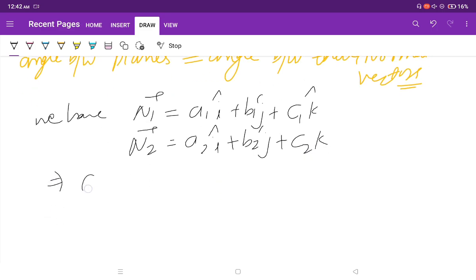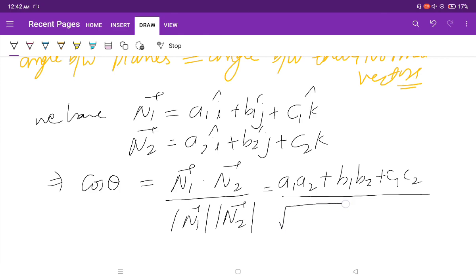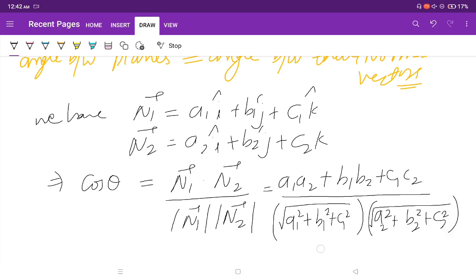So we have cos theta, in vector form, as n1 vector dot n2 vector divided by the magnitude of n1 vector times the magnitude of n2 vector, or a1 a2 plus b1 b2 plus c1 c2 divided by root over a1 square plus b1 square plus c1 square times root over a2 square plus b2 square plus c2 square.